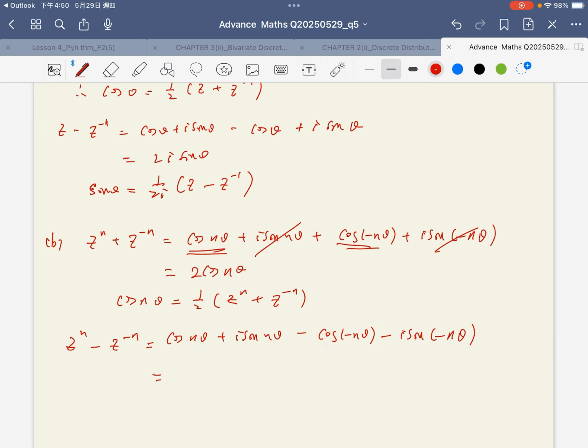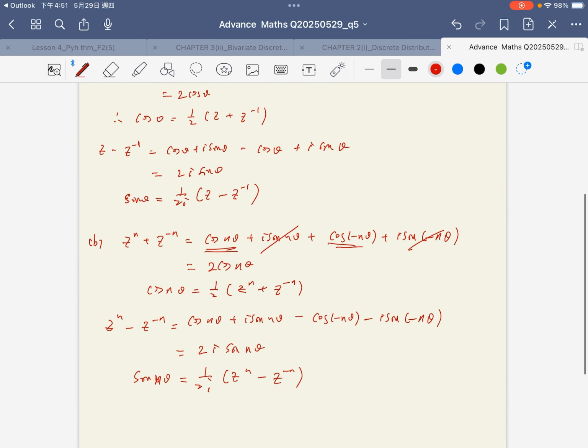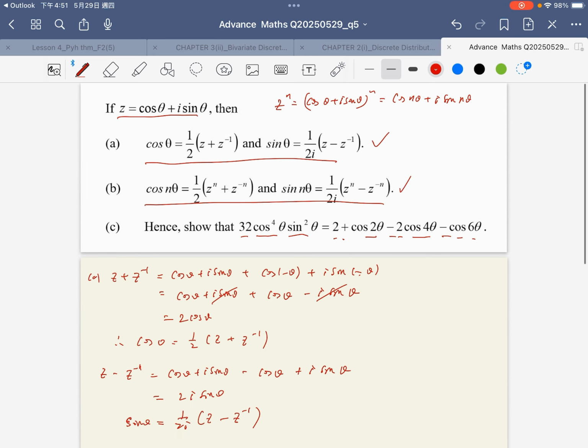Then it is 2i sine n theta. Change the subject: sine n theta equals 1 over 2i times z to the power n minus z to the power minus n. Finally, I got all the results in part A and part B.